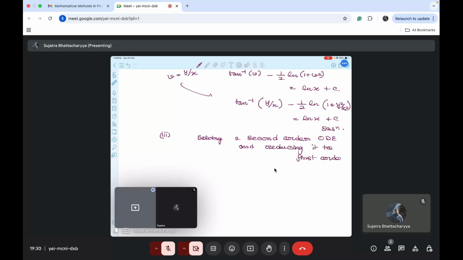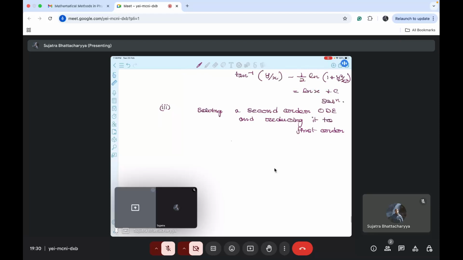Let's see. Suppose you have a question, say d2y by dx2 equals x square times (dy by dx) whole square. As you can see, order is 2. So what you will do? Take z is equal to dy by dx.